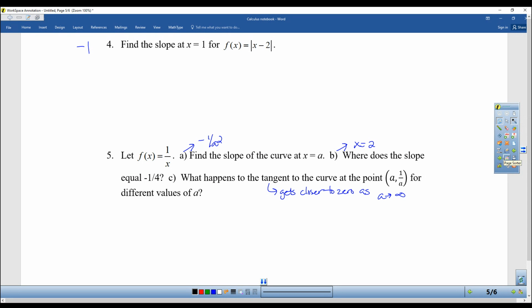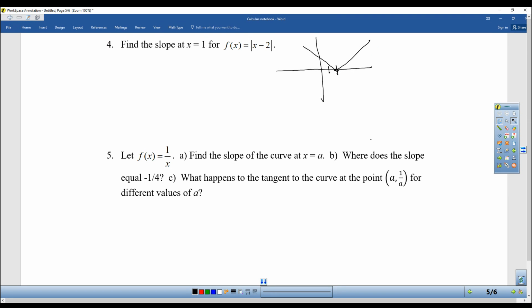So this is a perfect example of why we make the graph first. So this is an absolute value graph. It's been moved over 2, and it looks like this. Boom, boom. The question is, what is the slope at x is equal to 1?